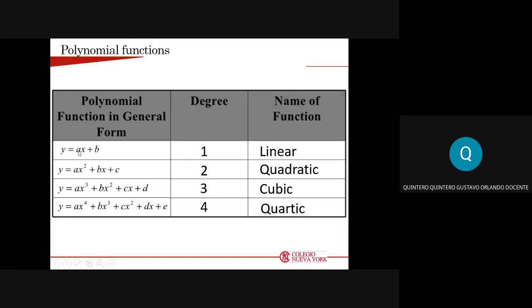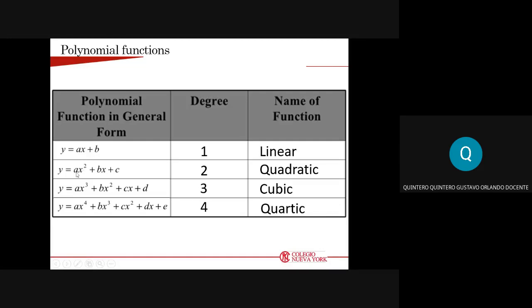Look, this is a binomial because we have two expressions, two little thingies, separated by a plus or a minus. Here, we have a trinomial. We have 3, separated by additions or subtractions. If you have this, but it is separated by multiplications or divisions, then this is not a polynomial.